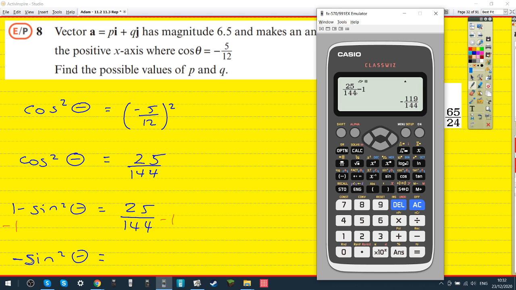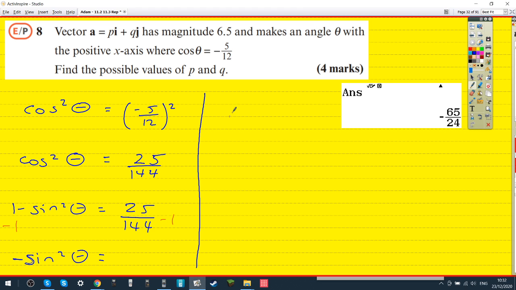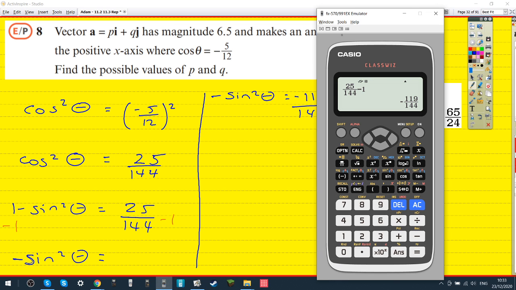No, we put minus 1 at the end. Square root. It says math error.